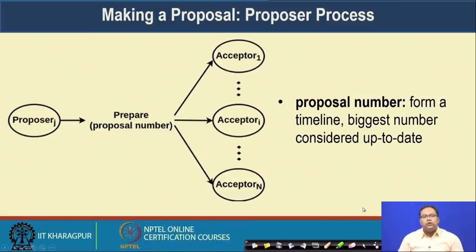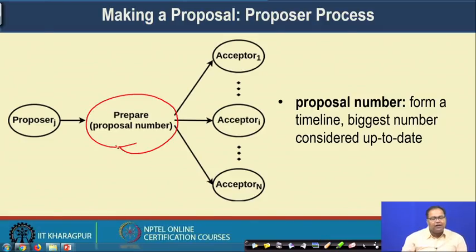Let us look into the process in a little more detail. The proposer initially prepares a proposal number. This proposal number needs to be good enough so that your proposal gets accepted. The proposer prepares that proposal number and sends it to the acceptor.